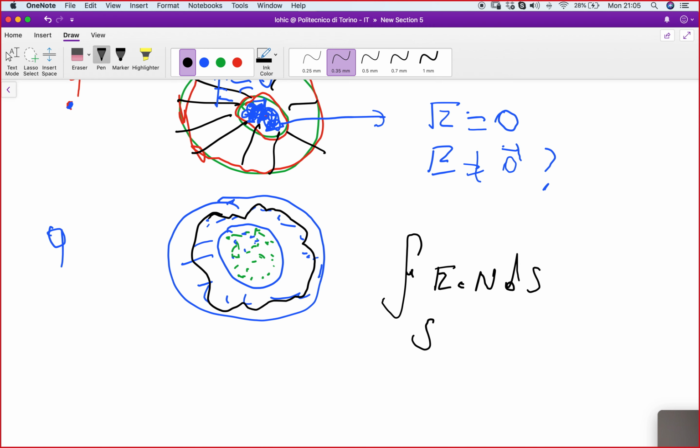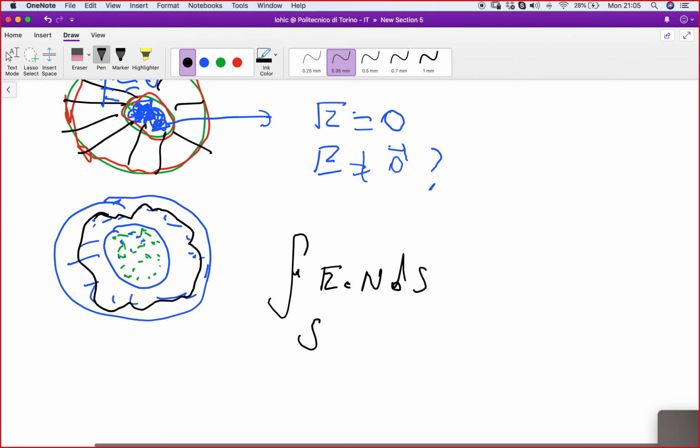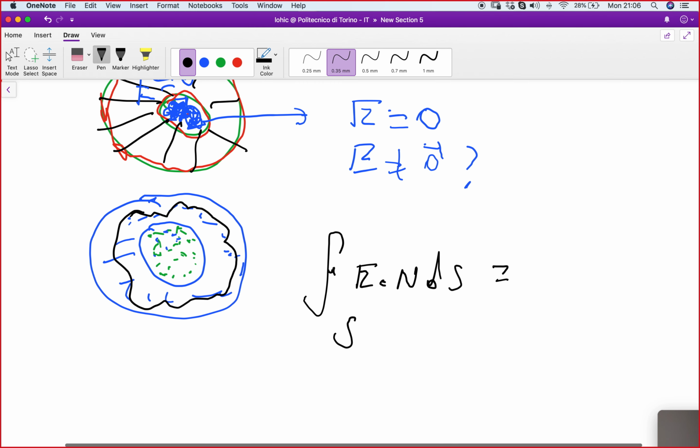But how much is the field at any point of this surface, of the black surface? What is the value of the field at any point of this black surface?